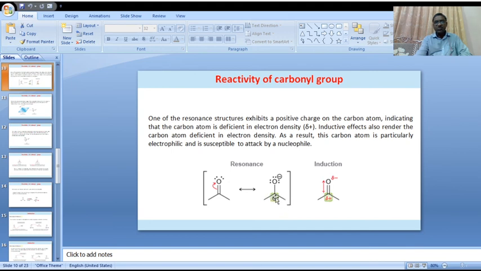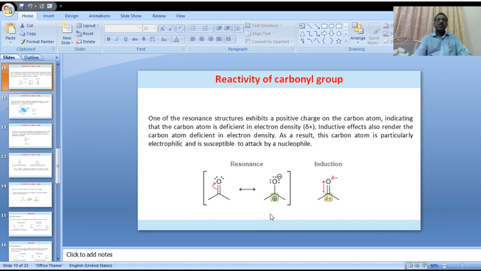This positive charge indicates that the carbon atom is deficient in electron density. Is it clear? This positive charge indicates there is a deficiency on that carbonyl carbon. Is it clear?